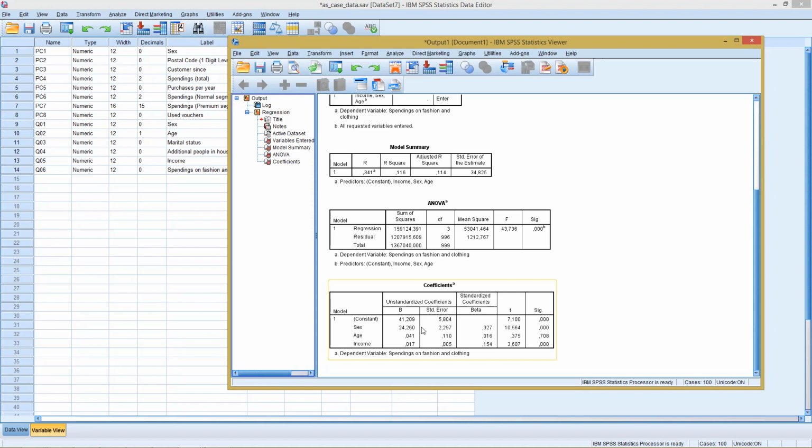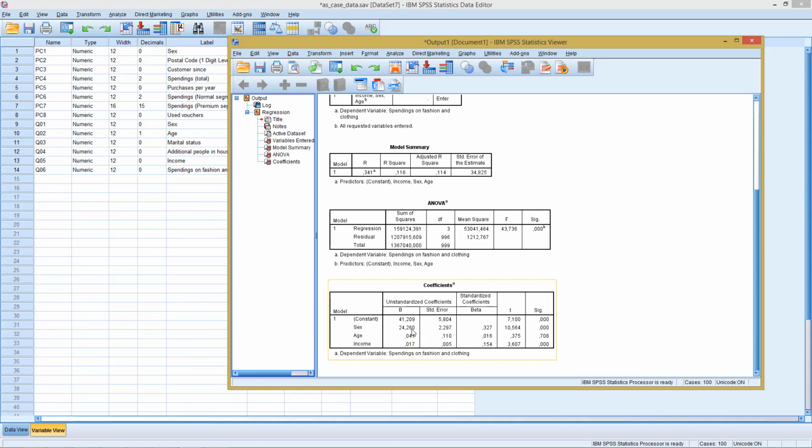But we can say the 1 category as compared to the 0 category, so in our example the women compared to the men spent 24.26 euros more on fashion and clothing.